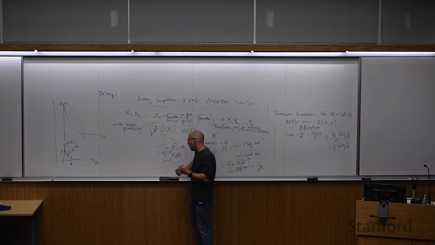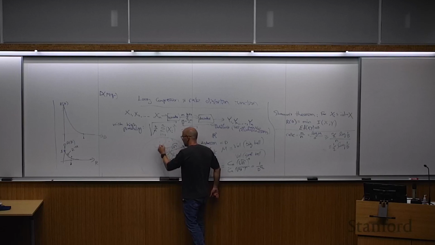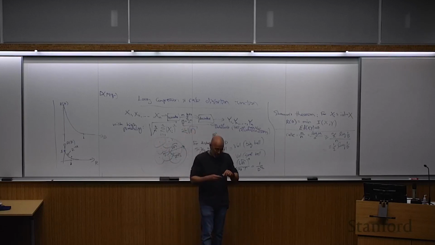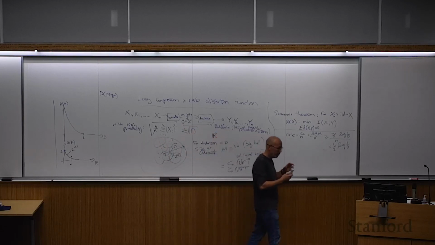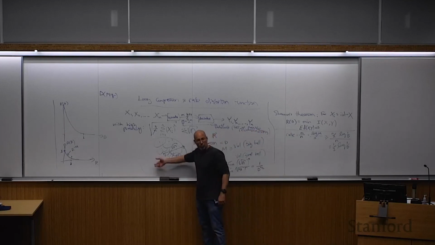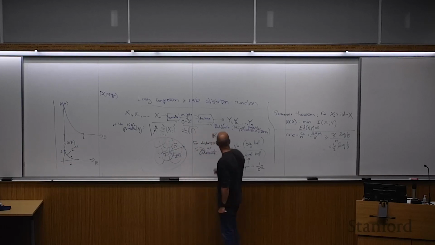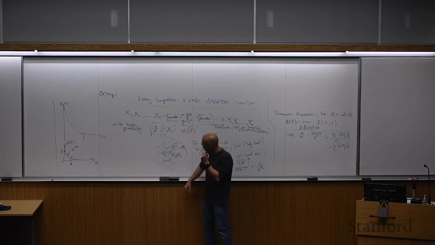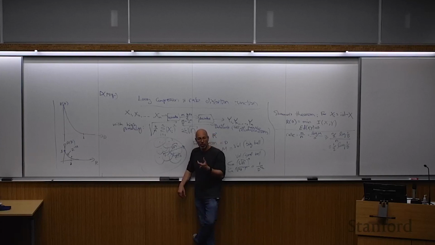And then you can ask, how do I actually choose these code words, these ball centers? You don't even have to be too careful, too judicious. You can actually randomly select these points. You can characterize the distribution from which you merely need to sample randomly to get these reconstruction points.